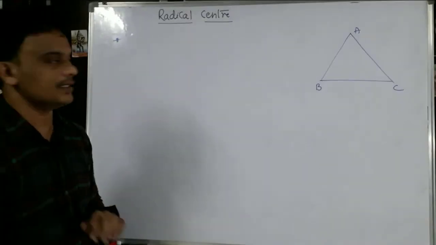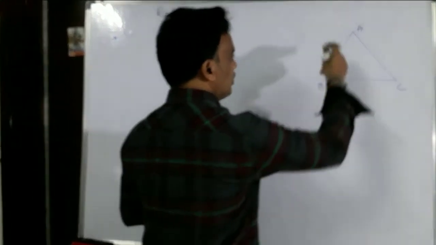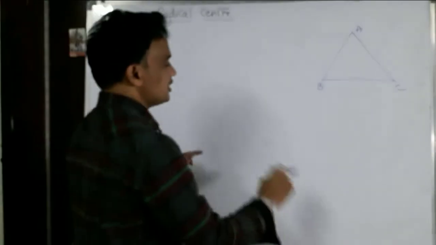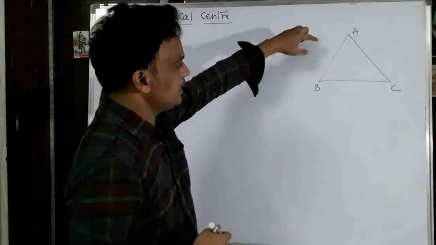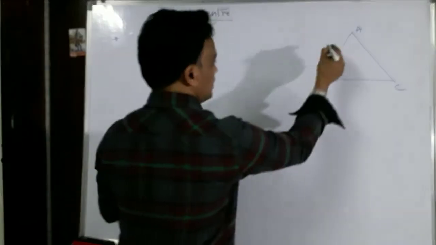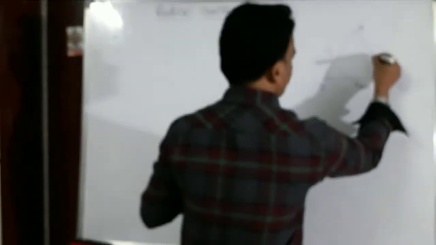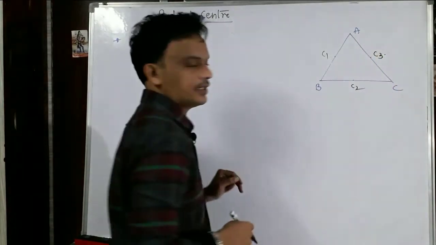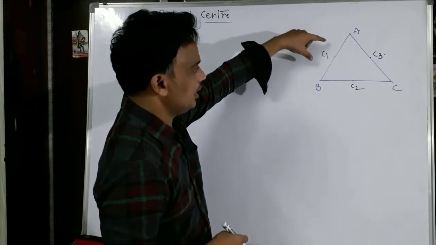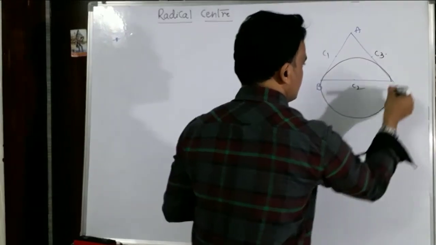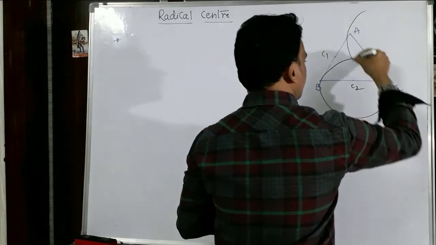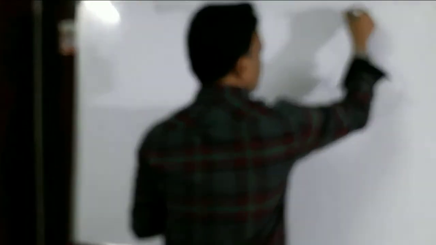Of those, the first case is, for the triangle ABC, I am going to draw the three circles whose diameters are the sides of the triangle, meaning the centers are exactly the midpoints of the sides. The circle will be like this, this will be the second circle and this will be the third circle.